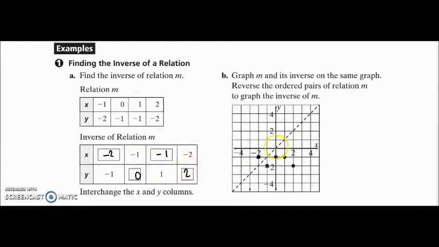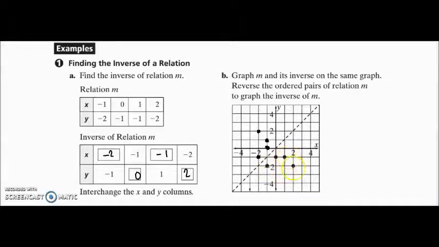Negative 1, 0. Negative 1, 1. And finally, negative 2, 2. And what you'll notice is an inverse basically mirrors this function across the line.